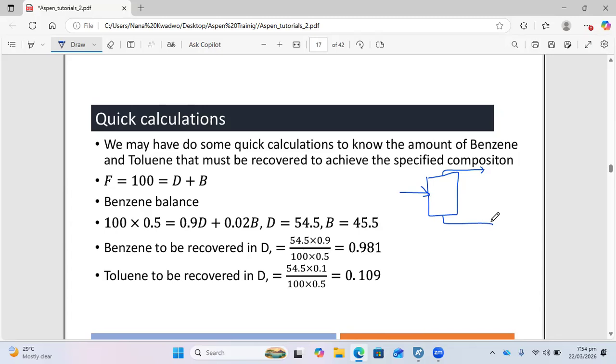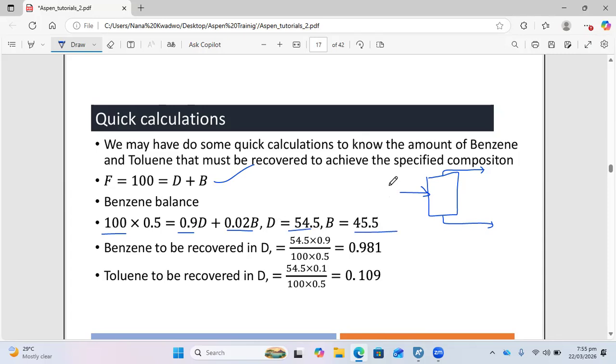So 0.5, the mole fraction of benzene in the feed, times the total flow rate should be equal to 0.9, because we're expecting 90% of it in the distillate, and then in the bottom, we're expecting 2% because toluene was 98% in the bottoms. So we have two equations. We can solve them simultaneously. We'll get the total mole flow for both the distillate and the bottoms.